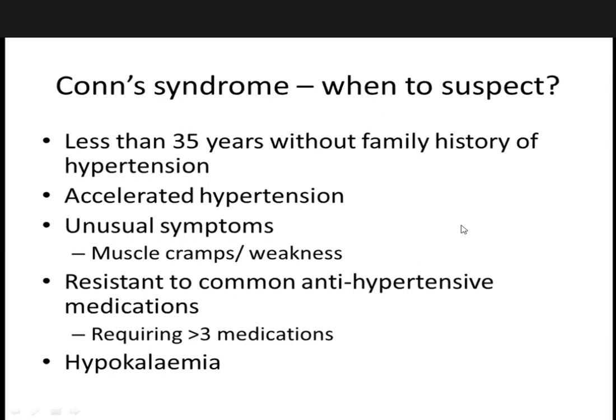So hypokalemia is the most important thing out of all these features. Resistance to common antihypertensive medications can happen with pheochromocytoma as well. Hypokalemia, muscle cramps, and muscle weakness usually indicate Cushing syndrome.